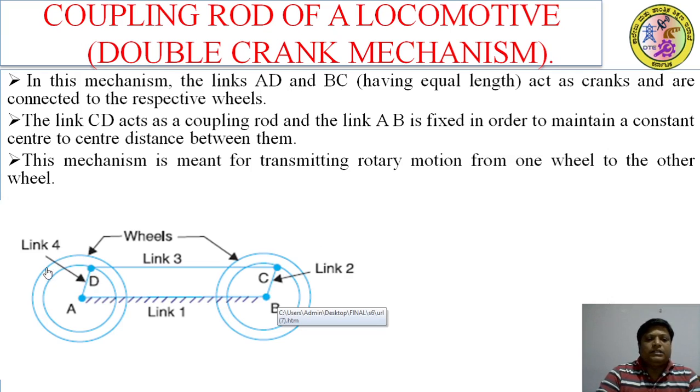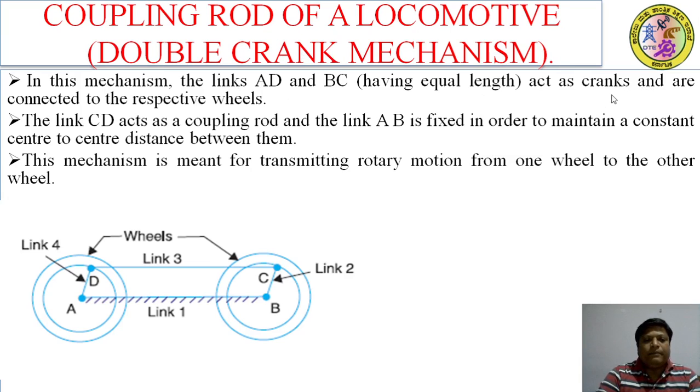Here it consists of two wheels. The two wheels will be connected by link BC and link AD, which have the same length, and both are connected by using cranks. Therefore we call it having equal length, AD and BC act as cranks. We call it a double crank mechanism.